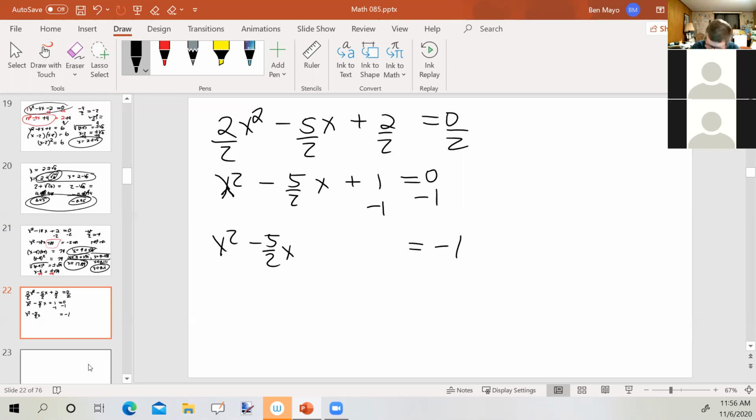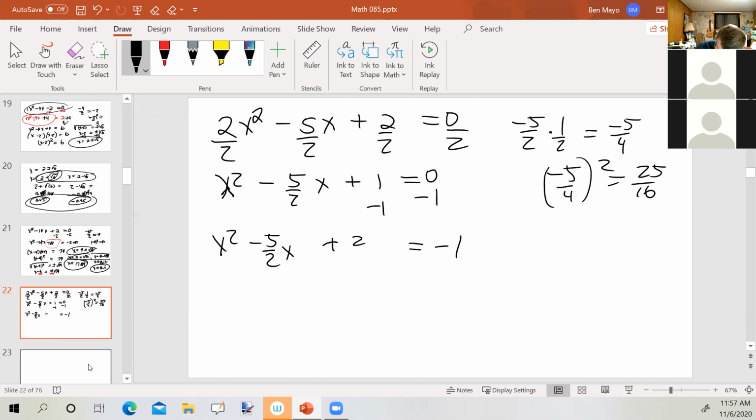Okay. Now we're going to take the coefficient of x. I'm going to cut it in half, which is like multiplying it by a half, because if you divide it by 2, multiply it by a half. Okay. Then I'm going to take that and square it and add that to both sides of the equation.